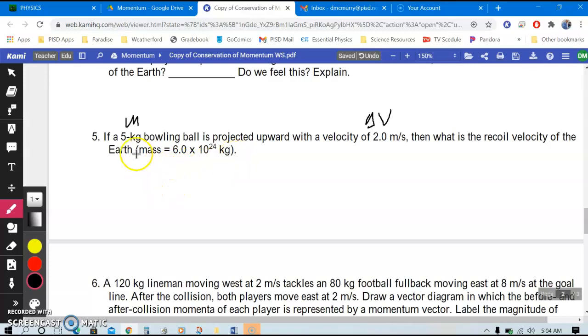So we can calculate this. We know what the mass of the Earth is right here. And we can set a formula because we know the change in momentum of the bowling ball is going to be equal to the change in momentum of the Earth.